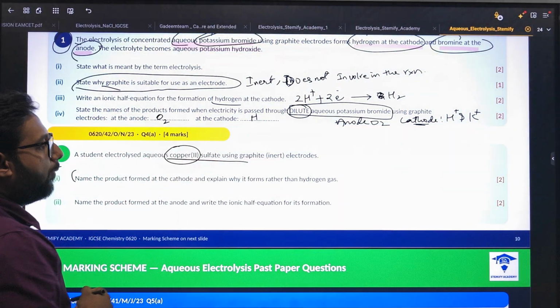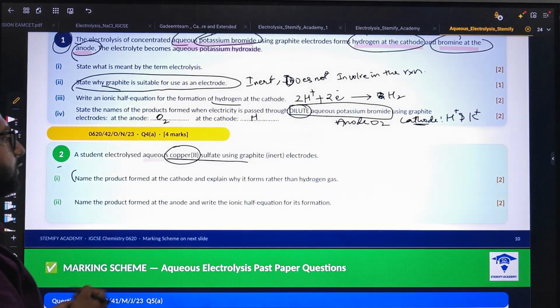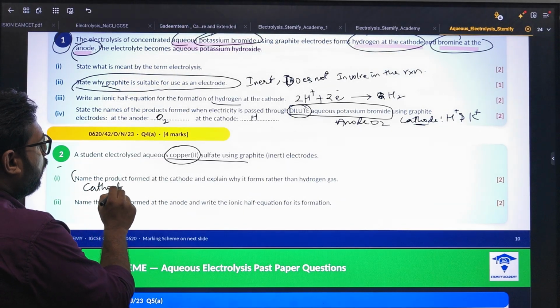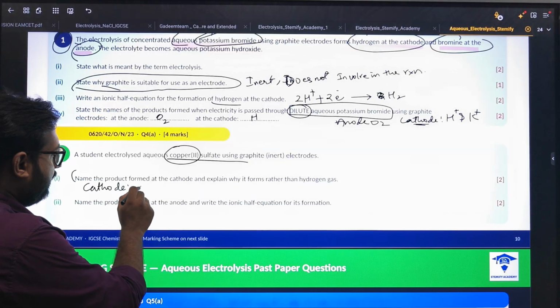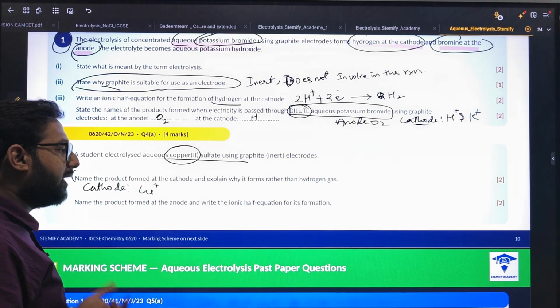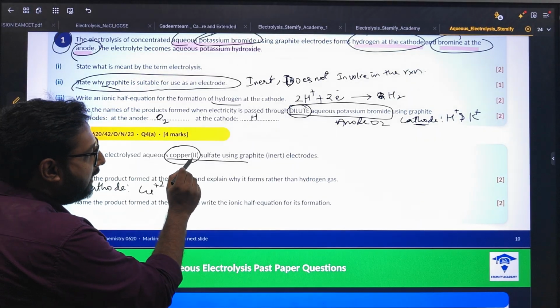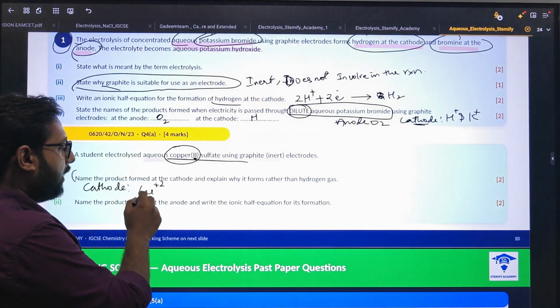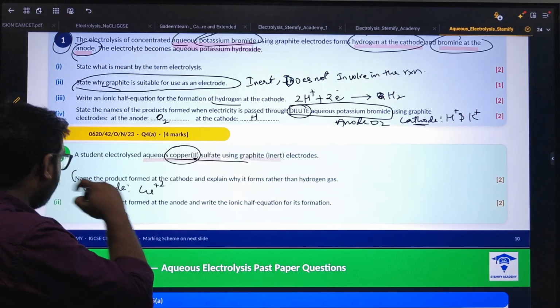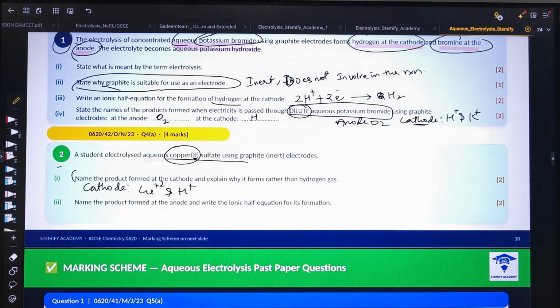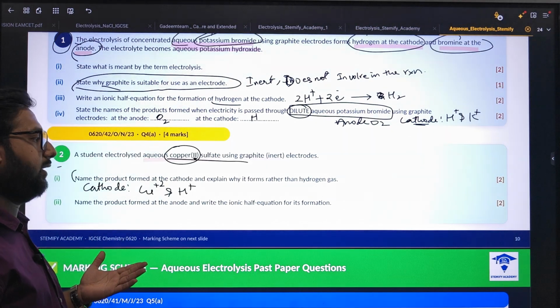So here you have copper, right? At the cathode, because it is an aqueous solution, what are the two ions which are present and compete with each other? Cu2+ and H+. Why am I writing plus 2 here? Because you see 2 in the bracket. Which is least reactive between copper and hydrogen? Copper, of course.